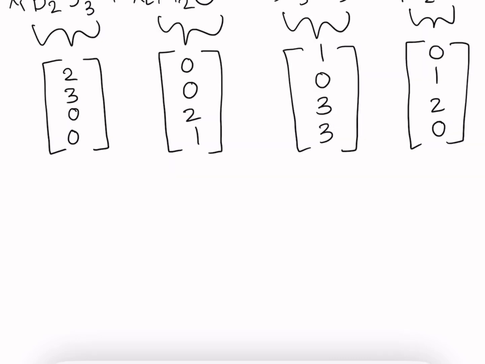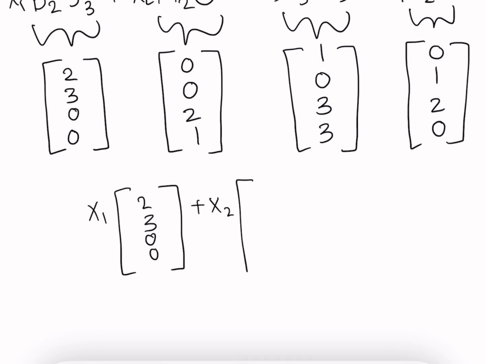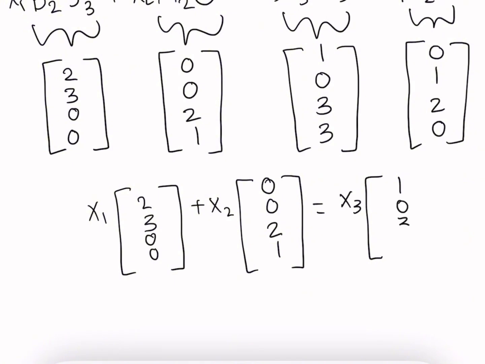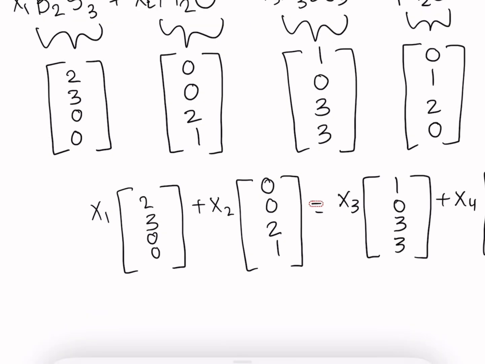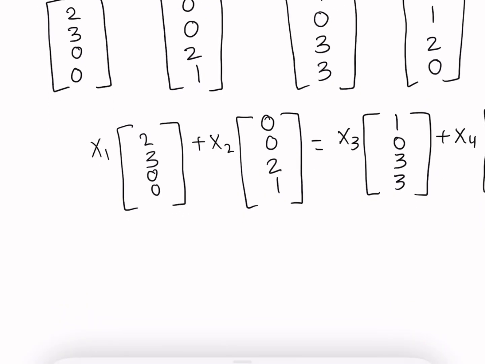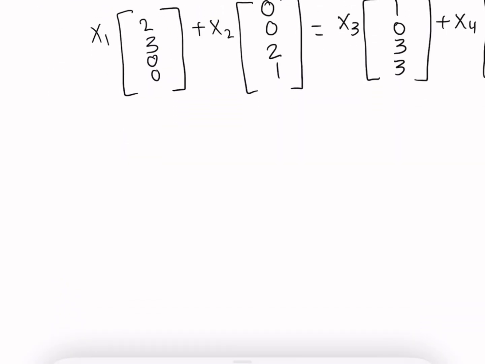So now to balance this equation, we're going to create a vector equation that represents this reaction. So we have x1 times our vector plus x2 times our vector, and then it will equal x3 times 1, 0, 3, 3 plus x4 times 0, 1, 2, 0. And now if we move all the terms to the left side, this will simplify it so that we can row reduce it later.